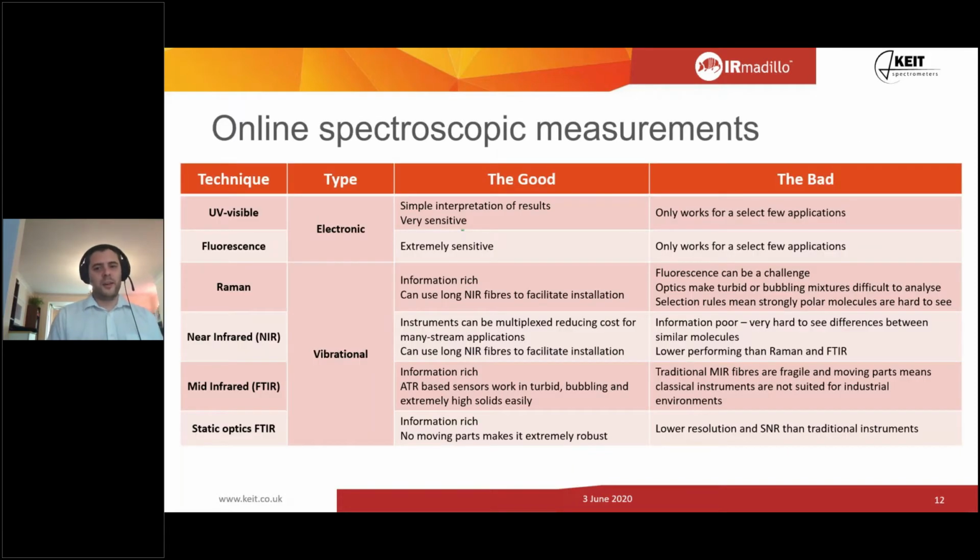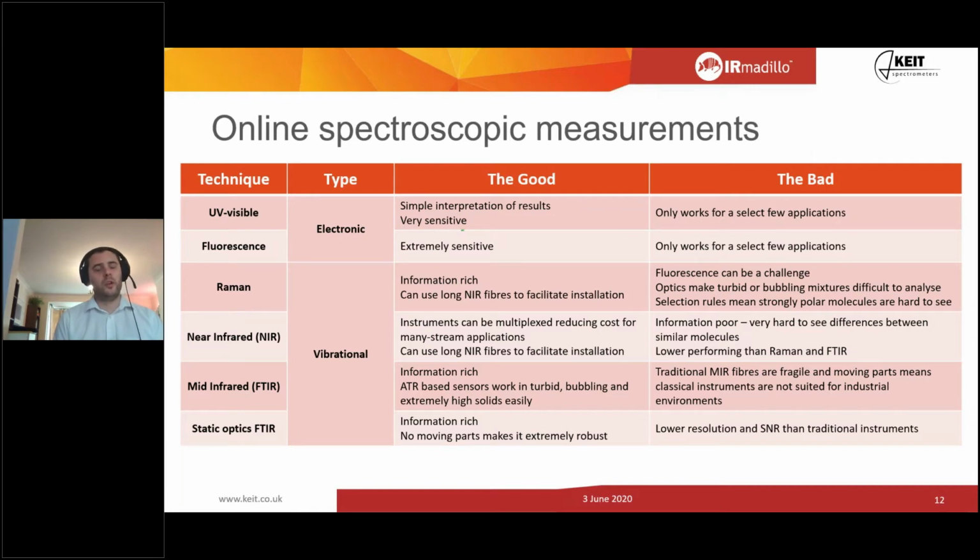So for online spectroscopy, we have UV-visible and fluorescence, and these both use the ultraviolet frequencies and a little bit of the visible, and that's electronic. The good thing about these is their simple interpretation of the results, and they can be very sensitive, but they only work for a few niche applications. You need a molecule that undergoes an electronic transition, and that means it has to have double bonds and triple bonds inside it.